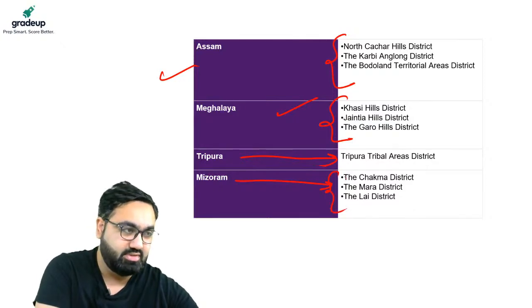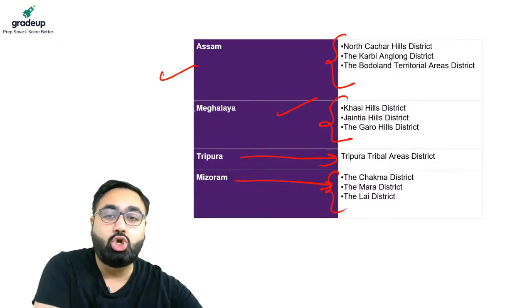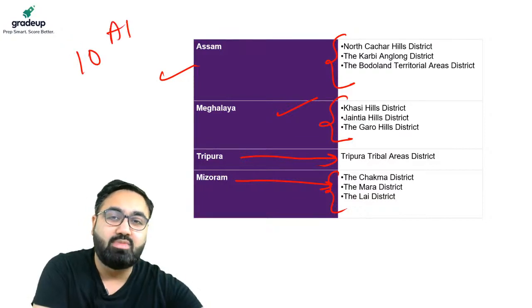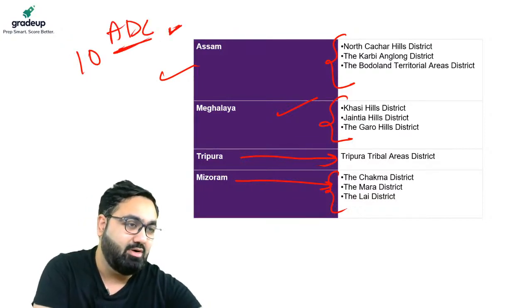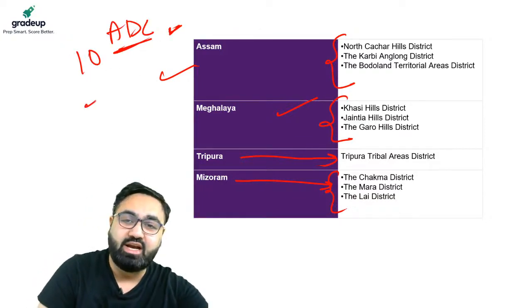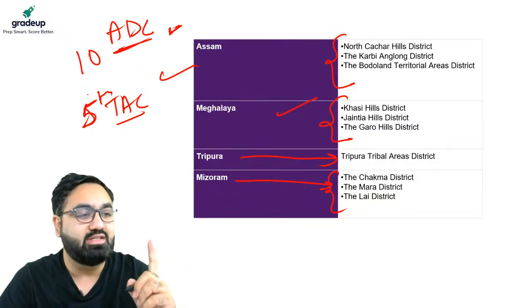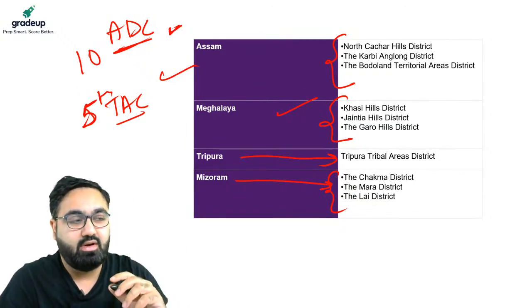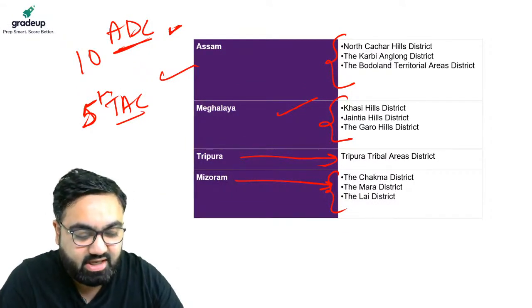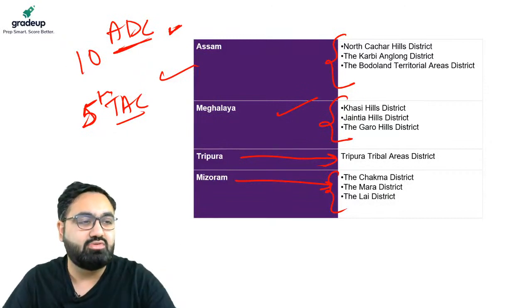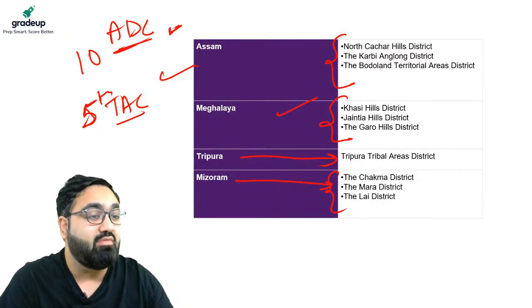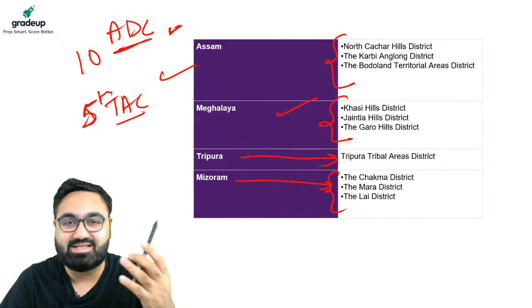So in total, we have 10 autonomous district councils in India right now. But for the 5th scheduled states, with the tribal advisory council, we can only have 1 in every state. But in 6th scheduled states, in the autonomous district council area, there can be more than 1 council in one single state.